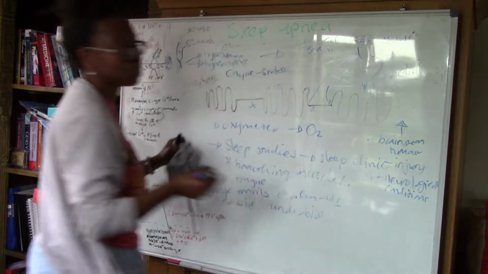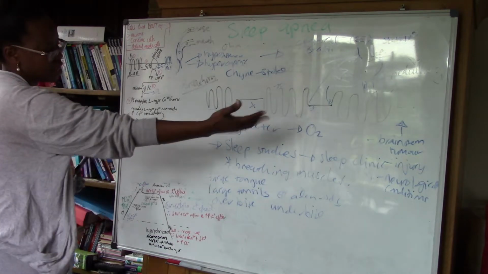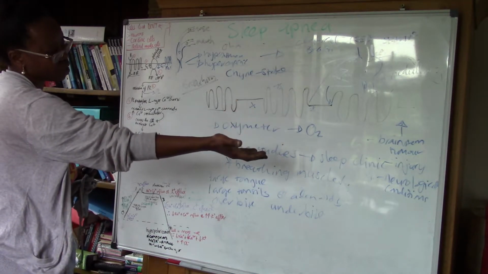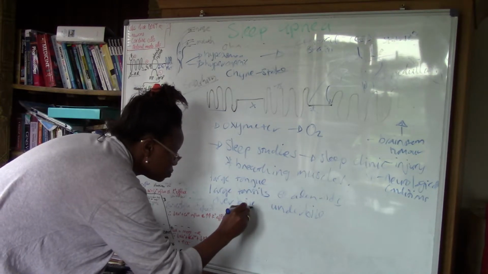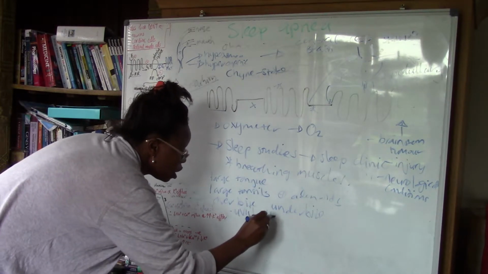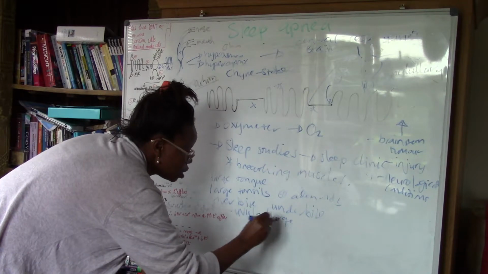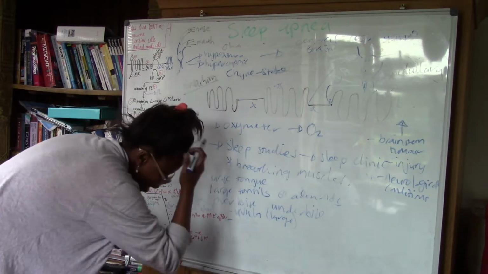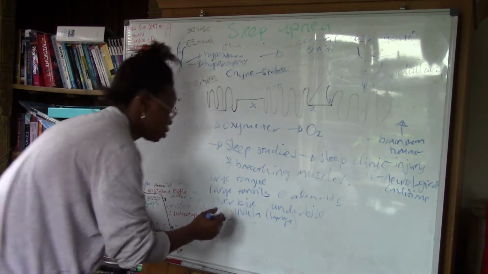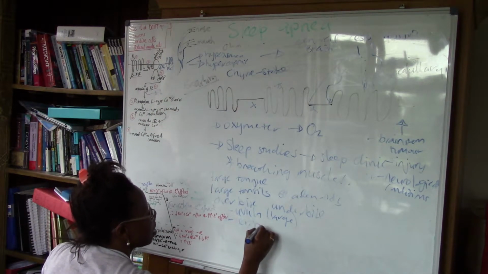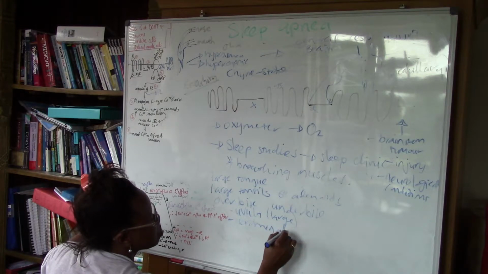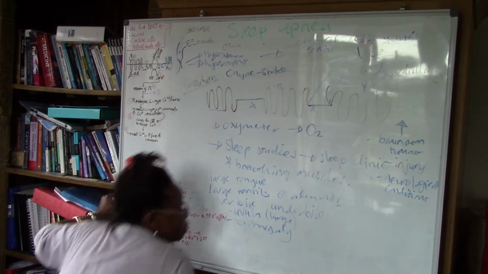And again, these will need to treat the underlying pathology. And then people who have acromegaly, because they do end up with a large tongue.